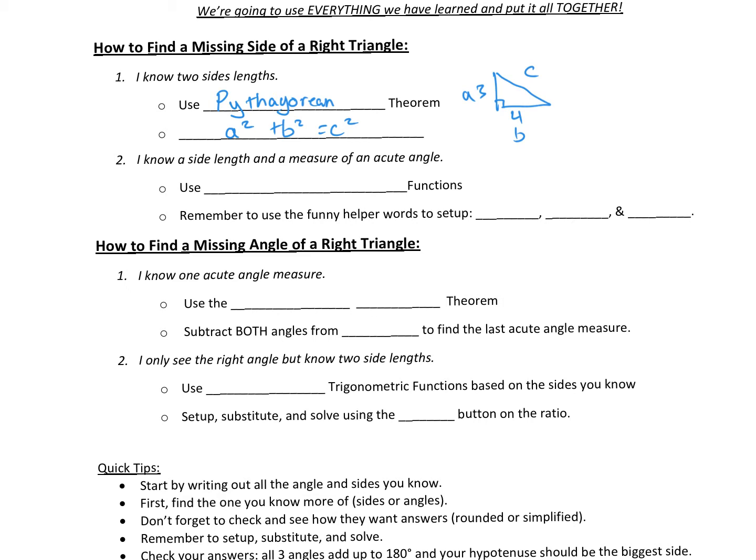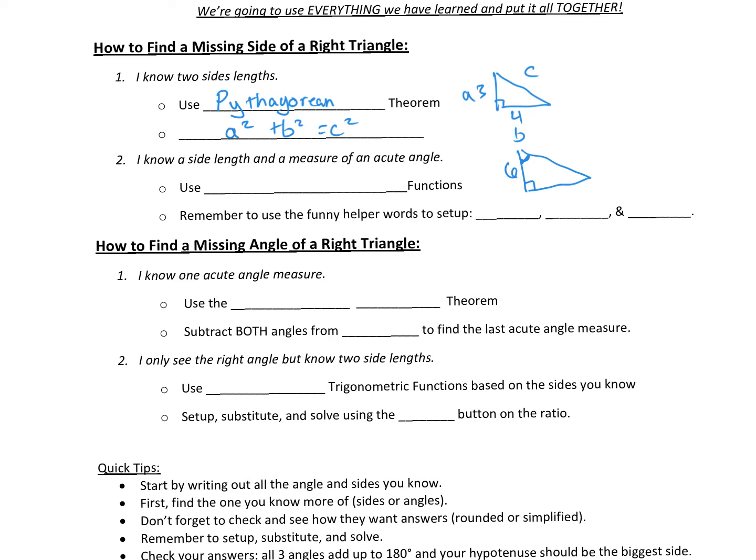Number 2, I know a side length and a measure of an acute angle. So let's say if I draw a picture like that here, and I know this one angle right here, and I got 6 right here.